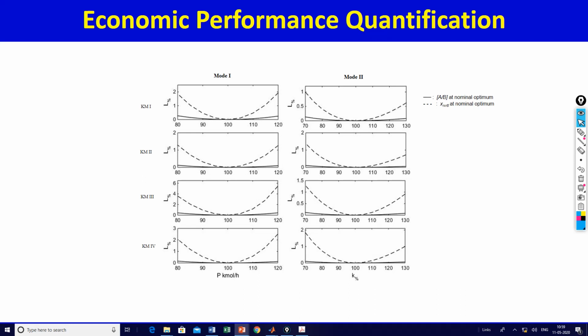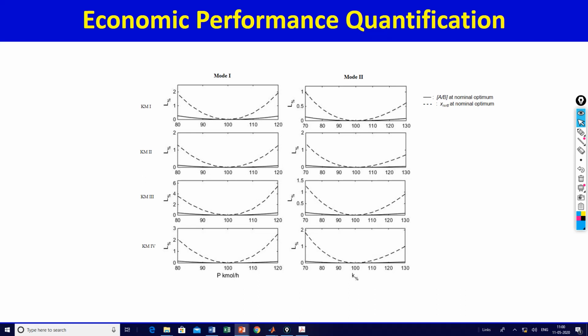So what we are plotting here is, for mode 1, how the percentage loss varies with production rate. Nominal production rate is 100. A by B concentration in the reactor is held at the nominal optimum value, or reactor B mole fraction is held constant at the nominal optimum value.